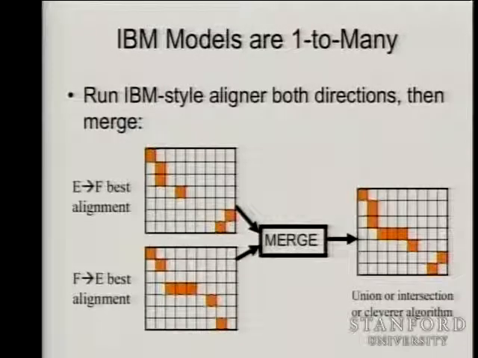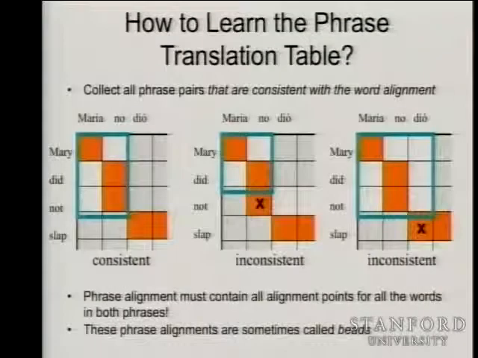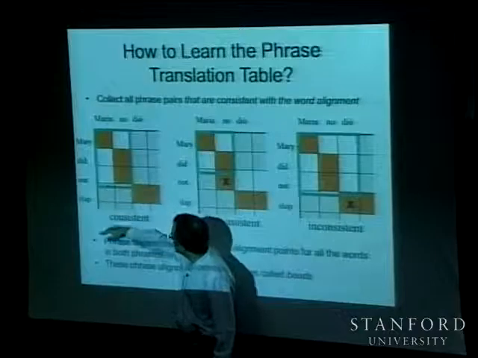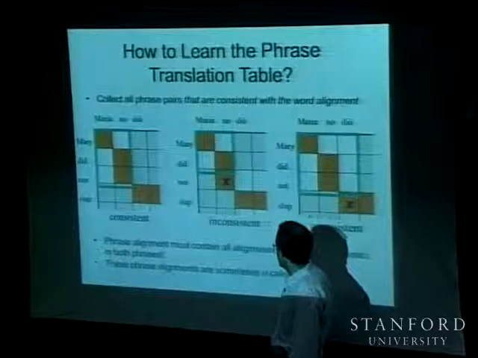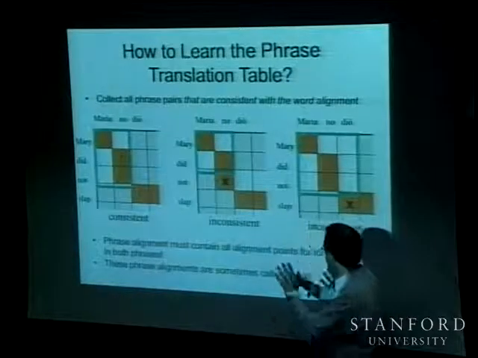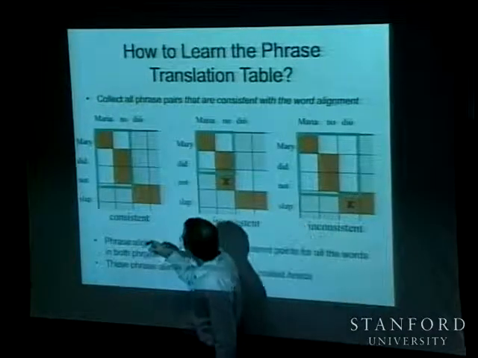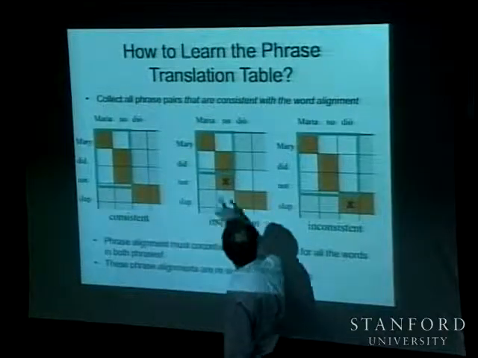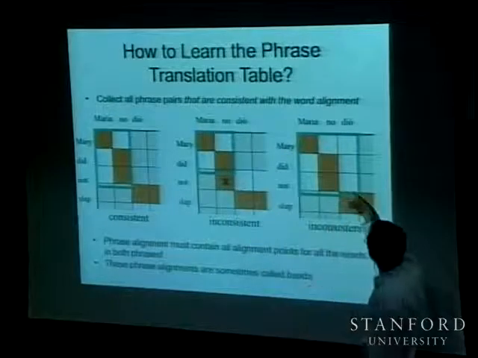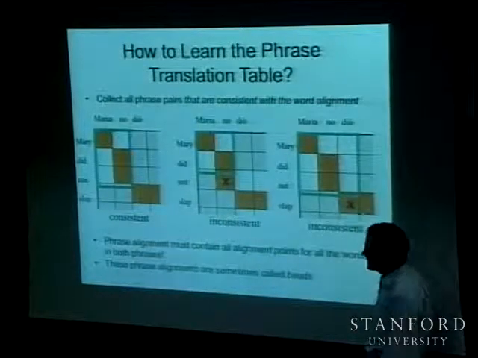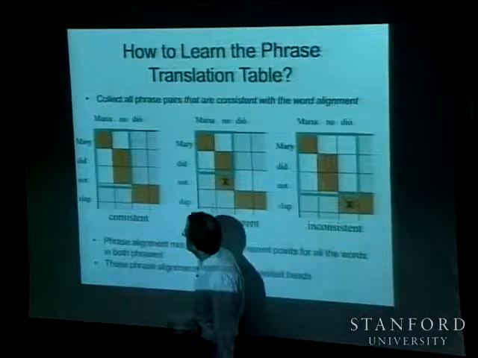And so then once you've got that final alignment over here, you do the phrase extraction process. And the phrase extraction process, as I said last time, is that you have legal phrases, and legal phrases are things that are complete, in that a phrase has to contain all the alignment points for all the words in both phrases. So you can't have this as a phrase because there's an alignment point that's outside it, and you can't have this as a phrase because there are alignment points outside it. But nevertheless, there are lots of possible phrases you can extract.